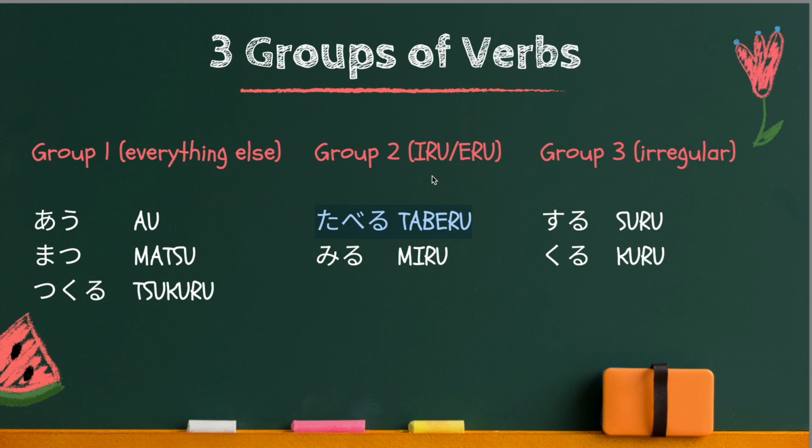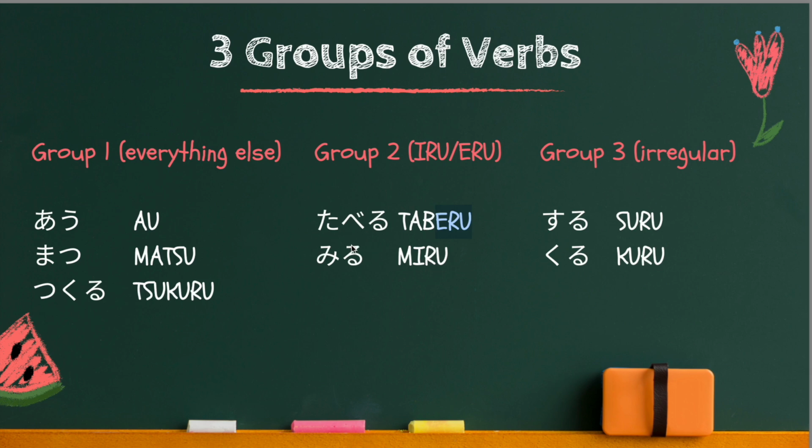Based on this dictionary form, you can tell if it's group 2 or not. So, taberu means to eat, and this is the dictionary form of tabemasu. And because it's eru ending, it's group 2.